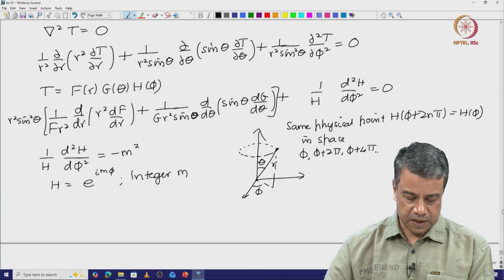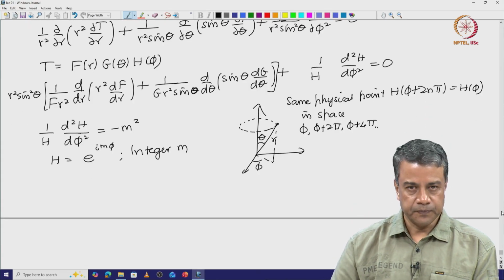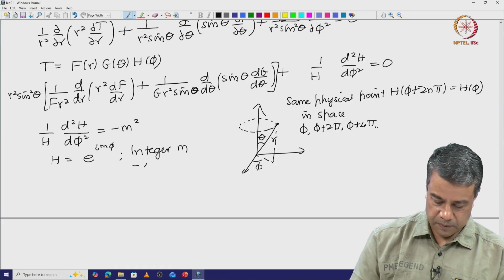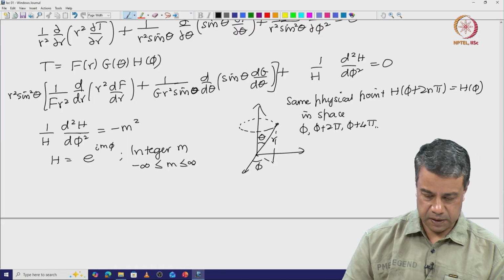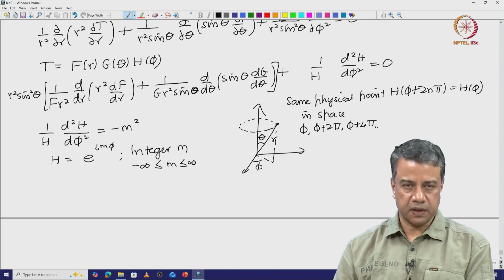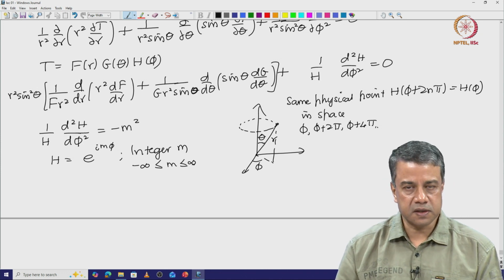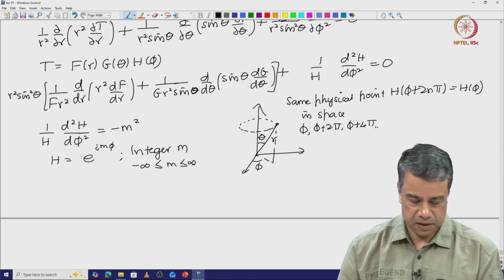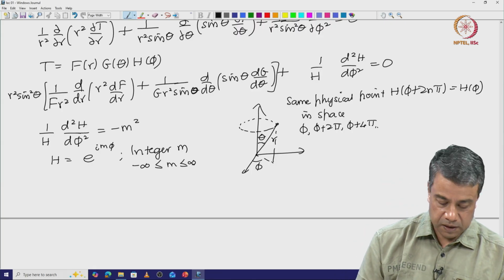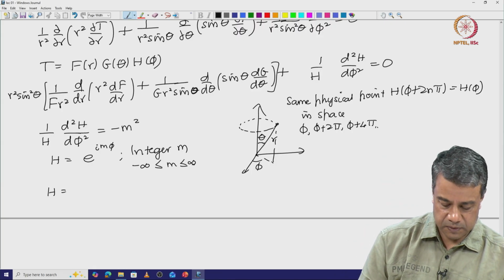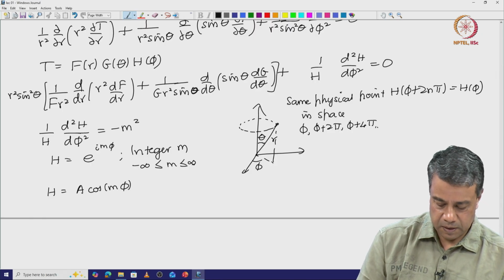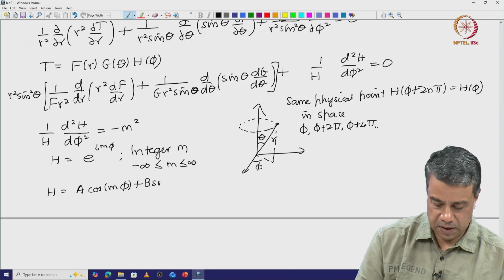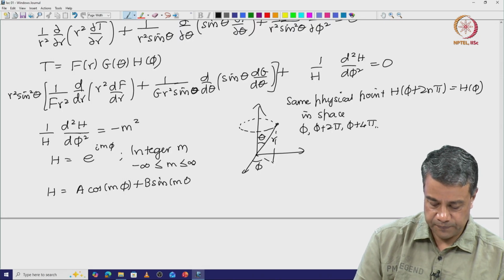That requirement means that m has to be an integer, and it can go from minus infinity to infinity. So that was the separation of variables solution in the phi direction. Alternatively, this can also be written as h is equal to a cos m phi plus b sine of m phi.